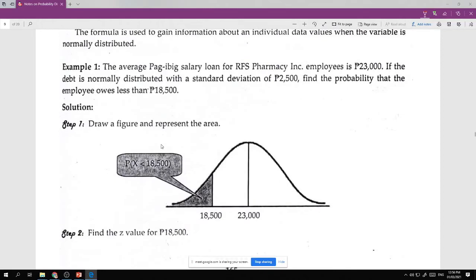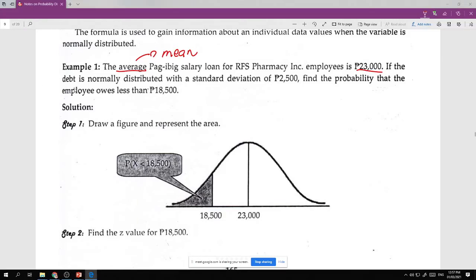When the word average appears, it tells you it's the mean. So we know that our mean is 23,000.